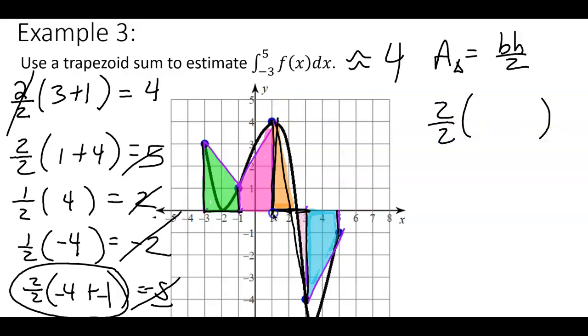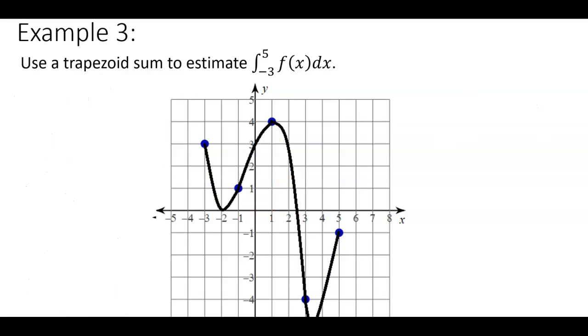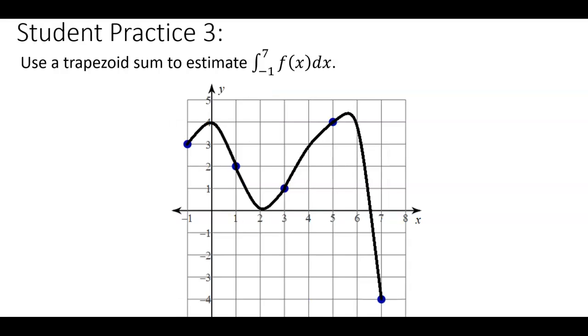What are the bases? 4 and -4, right? That's what the 2 triangles add up to anyway. So you can actually still treat it like a trapezoid even though it's not. Kind of weird. But there you go. So there's your thing.